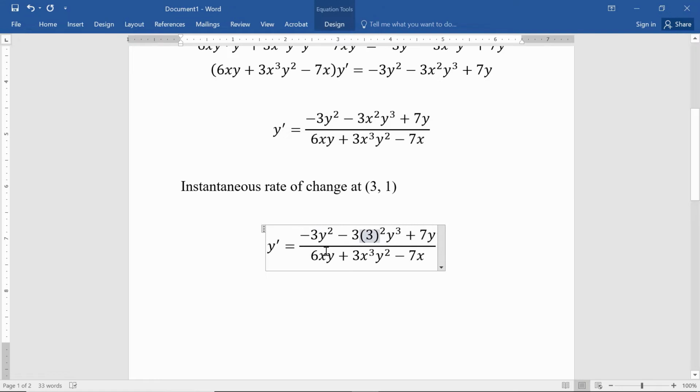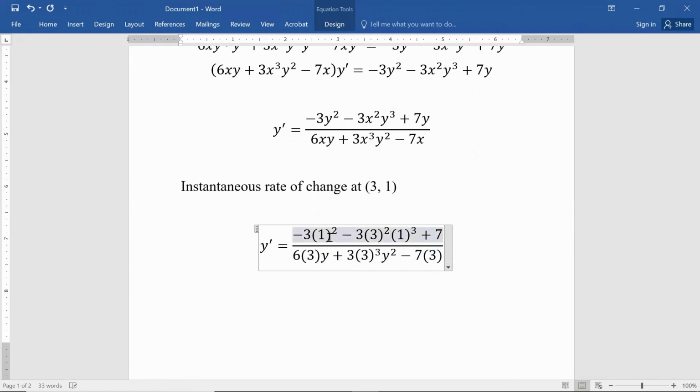So I input a 3 every time I see an x value. And then I go ahead and put a 1 every time I see a y value. And then plug that into your calculator.